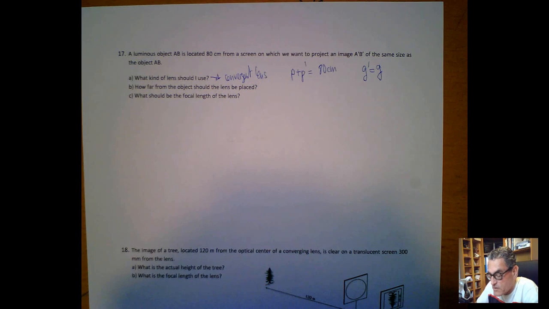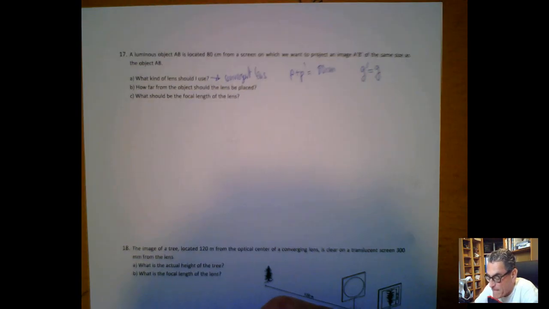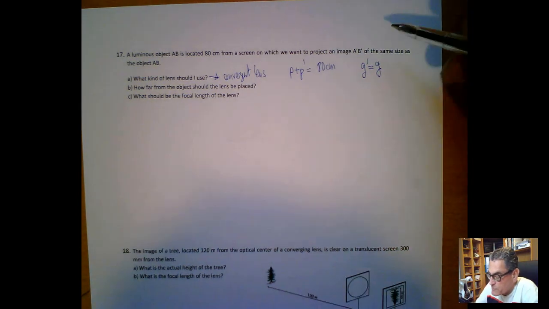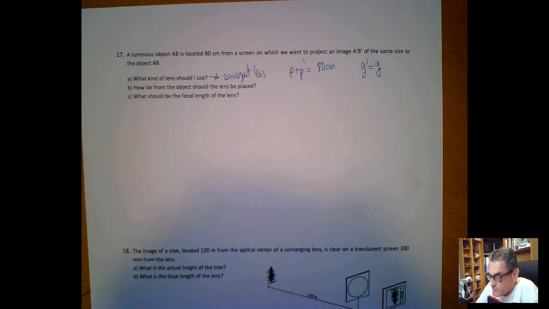How far from the object should the lens be placed? How can we compute that? Well, we have G prime and G, we have P prime and P. So how can we play with that?